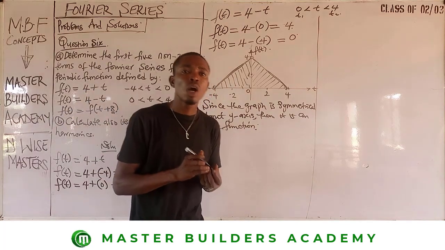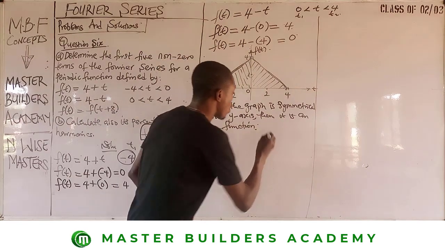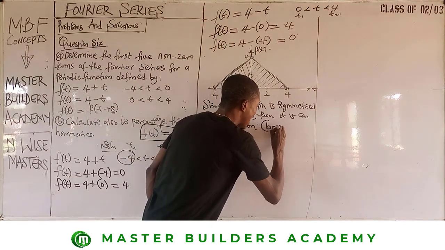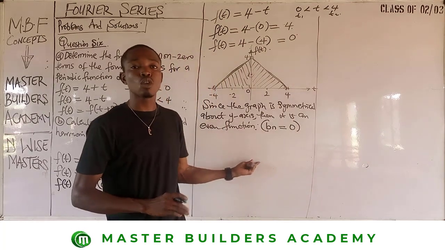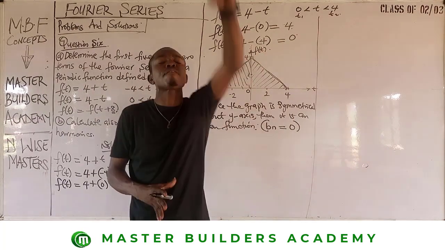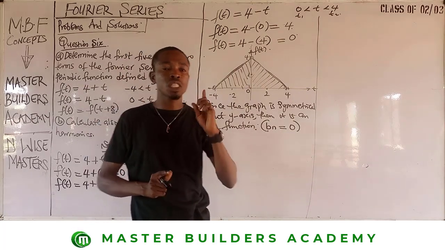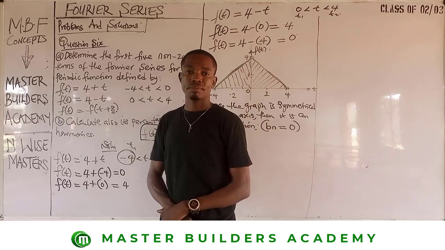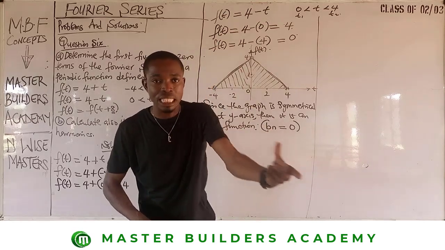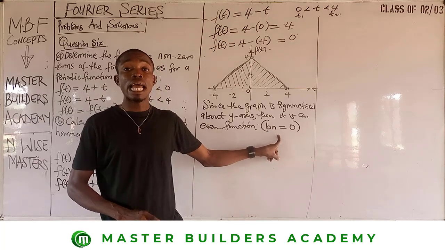Now the question is, under the theorems of even function, we said that for an even function, Bn is equal to 0. So if Bn is equal to 0, the next step after identifying the type of function is to state the equation between equation 1, 2, and 3. And it happens that this will be equation 2, because that is where Bn is equal to 0.